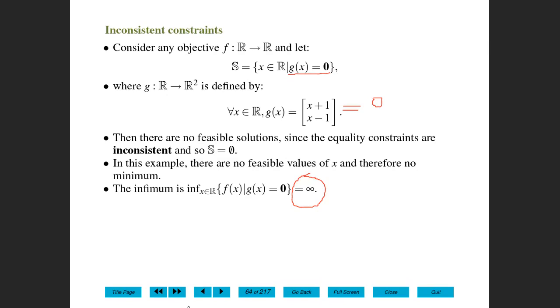So this is the third case, and the problem is infeasible. The problem of finding the minimum is infeasible, but still, the infimum is there for our rescue. So we can still find the infimum in this situation.